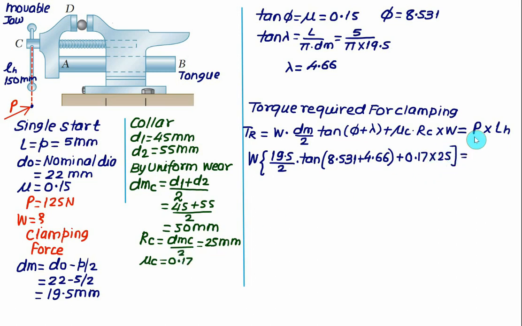On the right hand side we are applying a force P equal to 125. The length of handle you have to take as 150 mm. Solve this and you will get the value of W. So we get a clamping force W close to 2868.7. This answer will be in Newton.